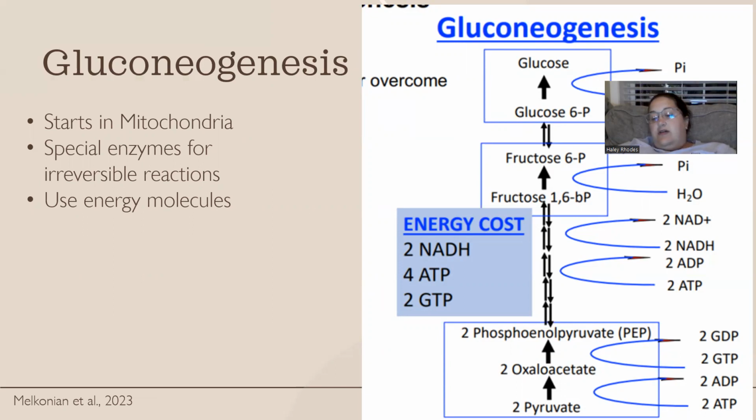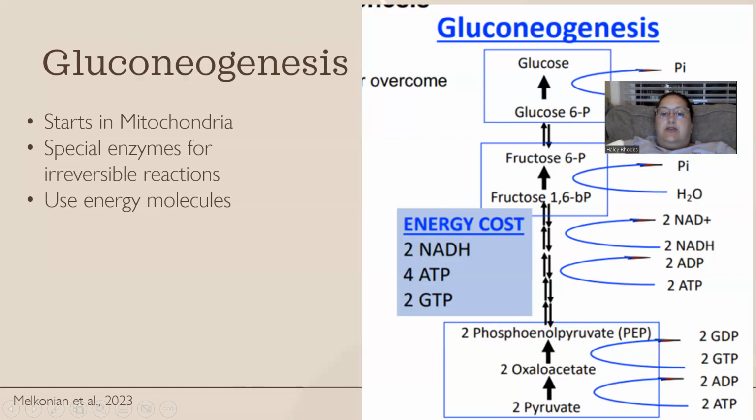Fructose 6-phosphate is then changed into glucose 6-phosphate by the enzyme phosphohexose isomerase. Lastly, glucose 6-phosphate is dephosphorylated by glucose 6-phosphatase to form glucose. And again, that was a one-way reaction in glycolysis.